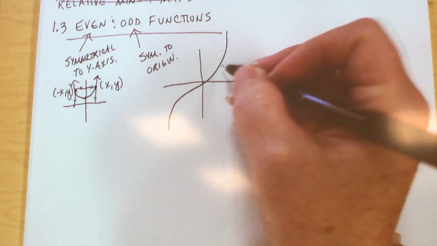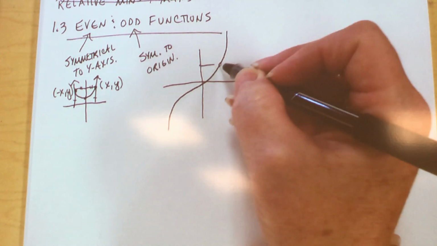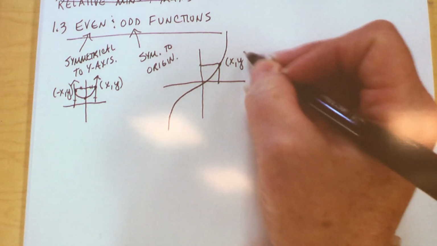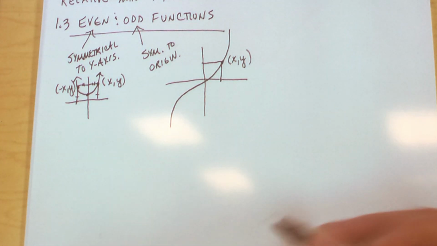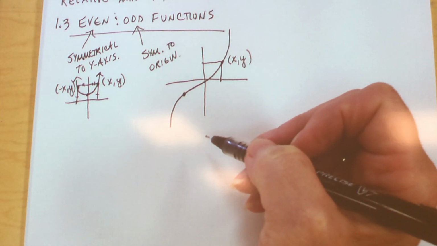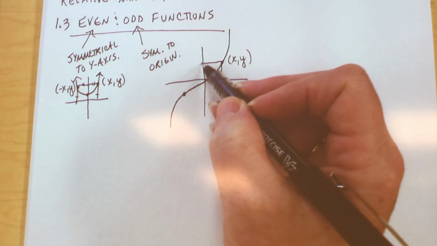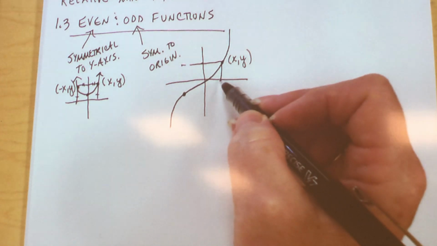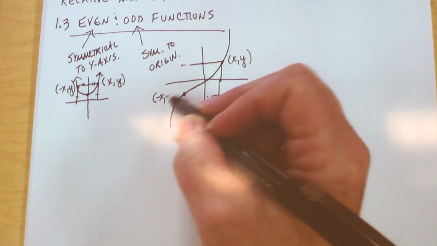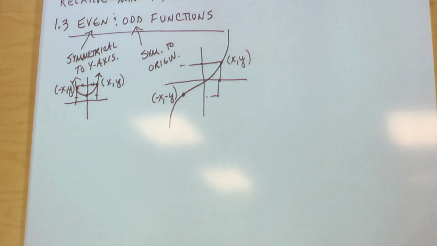That's cubic. This point we'll call x, y. What is it down here? Negative x and negative y. You see him? So this point, negative x, negative y. Symmetrical to the origin. That means he flips over the x-axis and the y-axis. That's the origin. Okay?